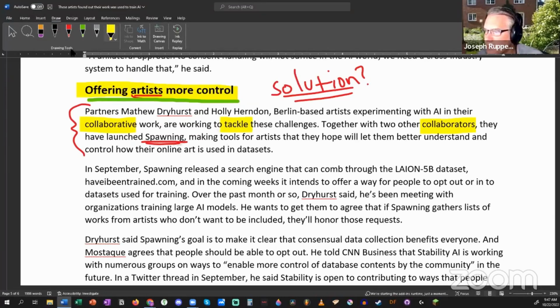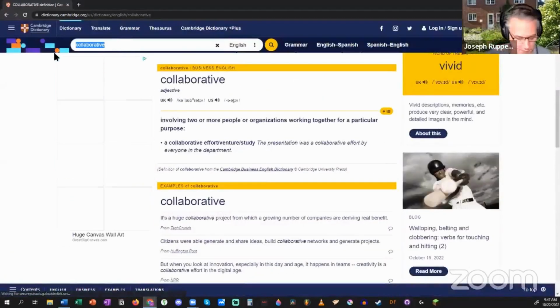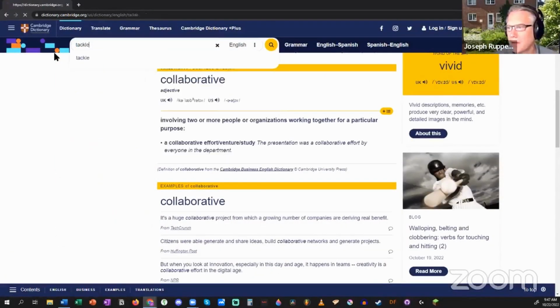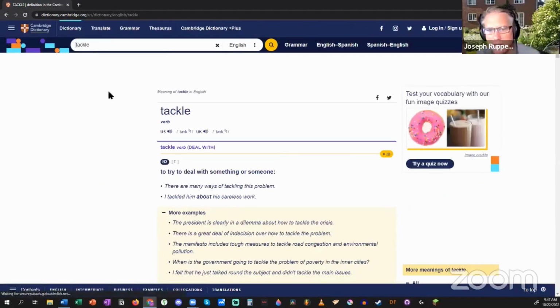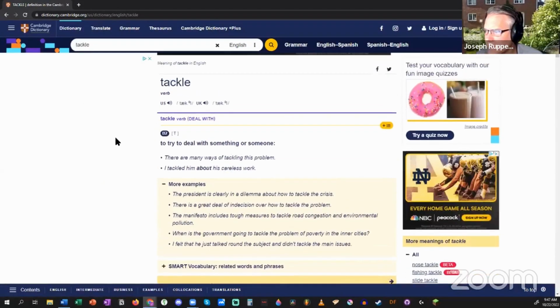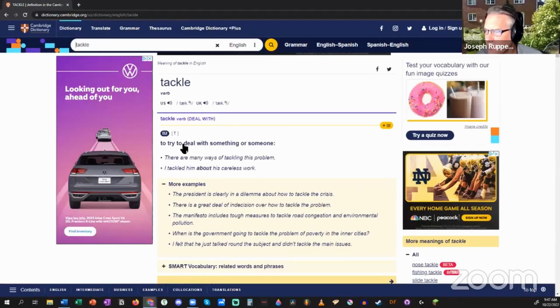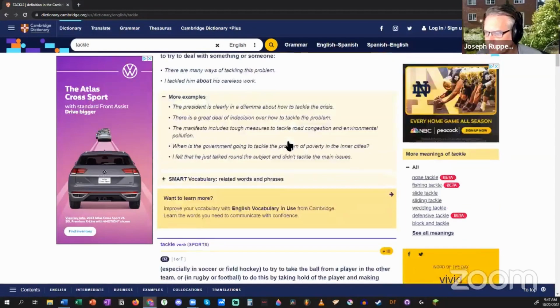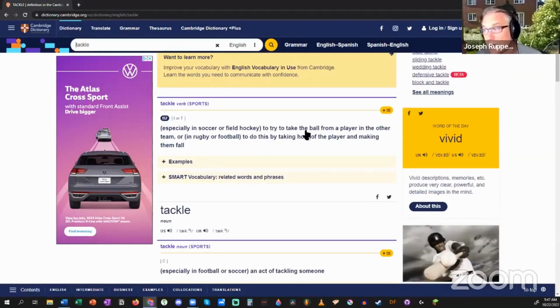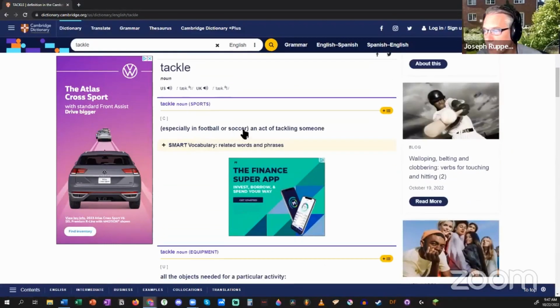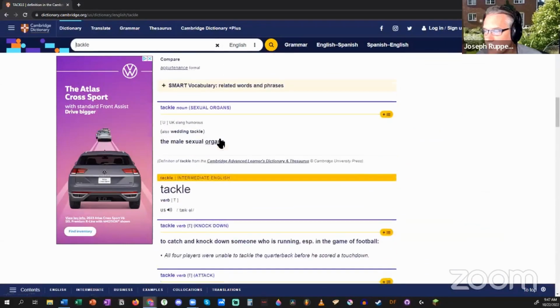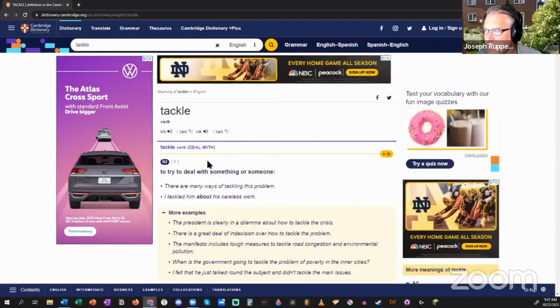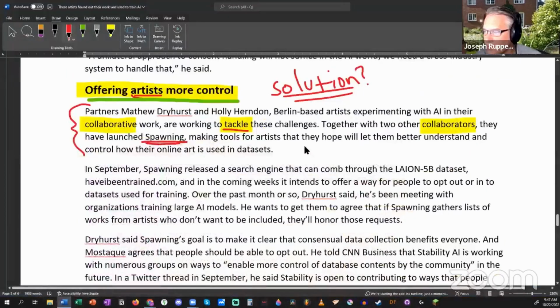And then tackle, finally. Tackle has multiple definitions. We'll take a look at that very quickly. Tackle: to try and deal with something or someone. In soccer or football, taking the ball away, tackling someone, and so forth. Here it's just to handle, deal with, maybe even solve a problem.